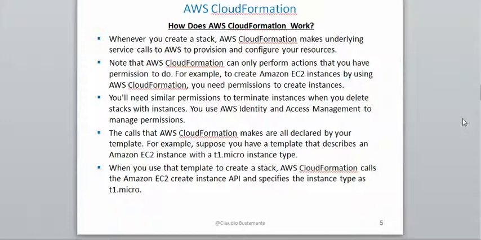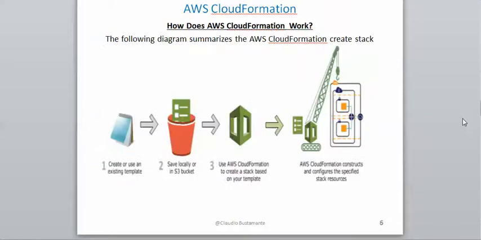Whenever you create an AWS stack, AWS CloudFormation makes an underlying service call to AWS to provision resources. What else is important here? This important diagram summarizes the AWS CloudFormation create stack.